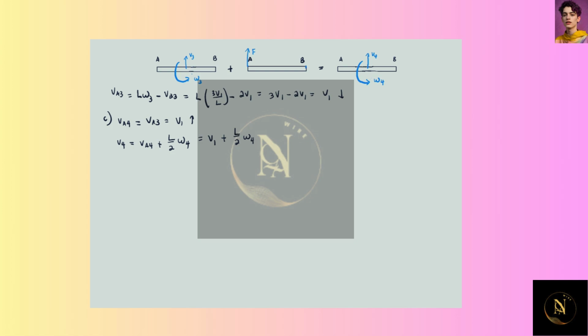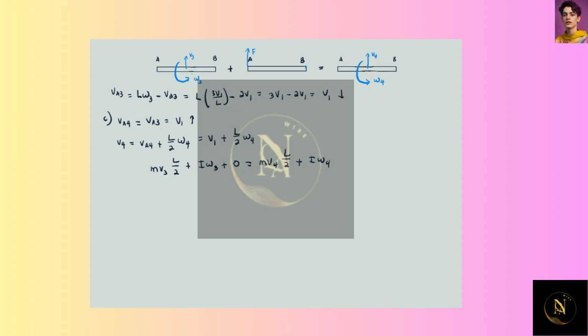Now, solving for the moments about point A and taking the counterclockwise direction as positive, we'll have M V3 L over 2 plus I omega 3 plus 0 equals M V4 L over 2 plus I omega 4.